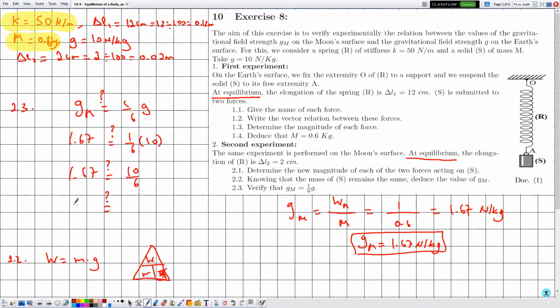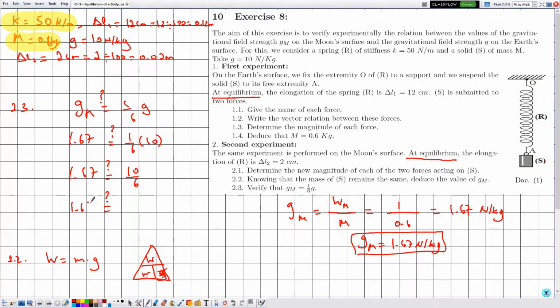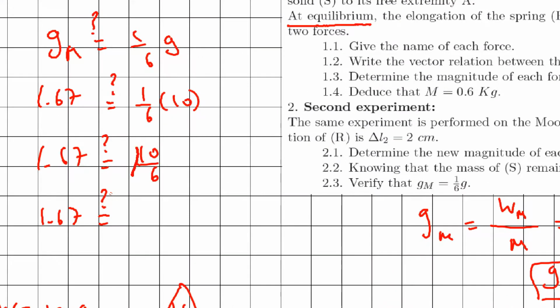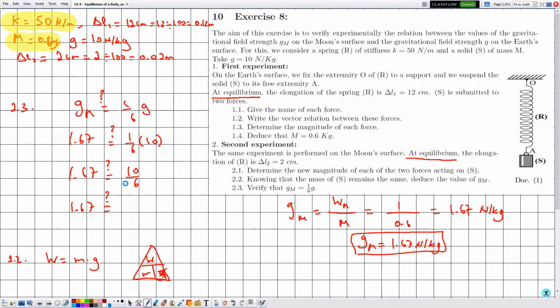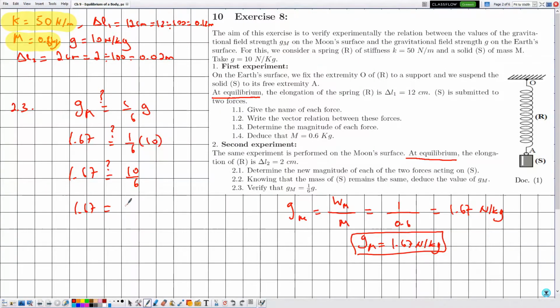Now plugging this expression on the calculator, one can verify that 10 over 6 using the calculator is given by 1.67, so indeed it is verified.